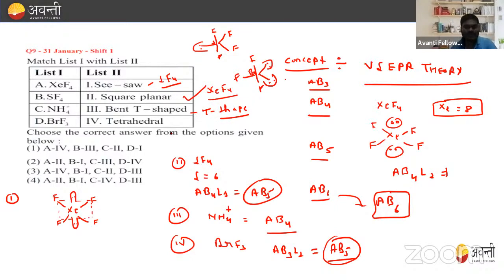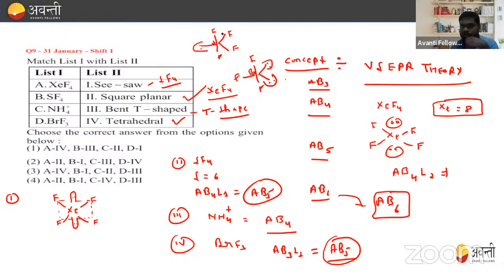The shape is tetrahedral. So by knowing the number of lone pairs and bond pairs, we can easily predict the shape of the molecule by using VSEPR theory. So just remember, in AB5, we have 3 cases, right? If 1 lone pair, put this lone pair here and the shape becomes seesaw.